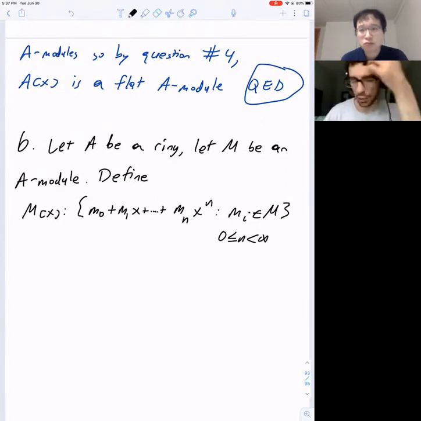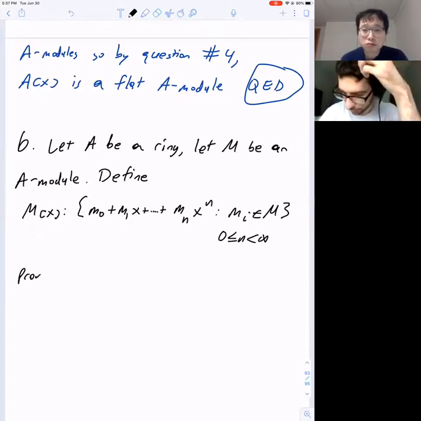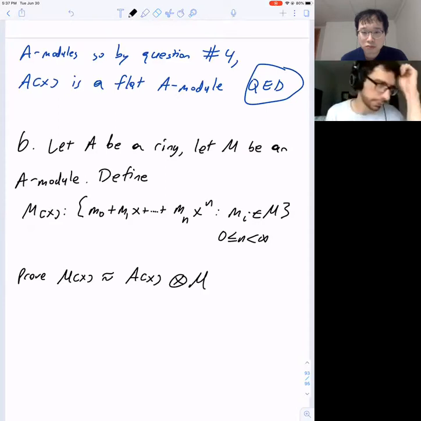So the question is not only proving that M bracket X has an A module structure, they also want you to prove that M bracket X is isomorphic to A bracket X tensor product M.